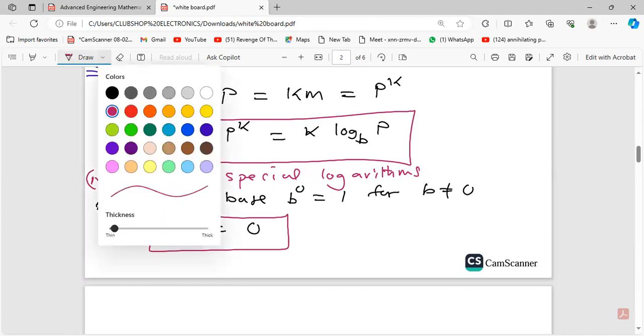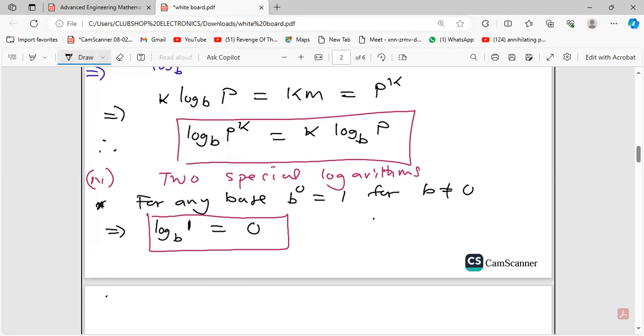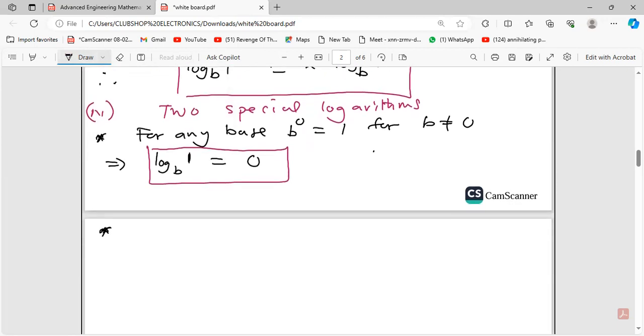Then, the second property under special logarithms, they are saying for any base b to the power 1, all right, the answer is b.